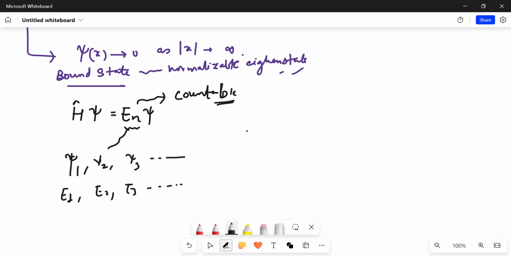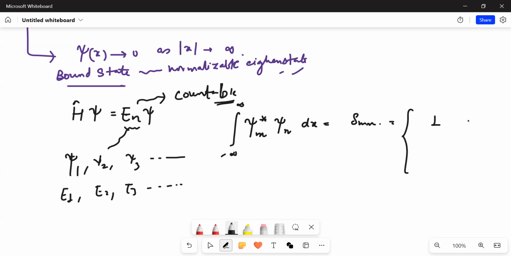In general, remember, two wave functions are said to be orthonormal if the integral of psi_m star psi_n dx is the Kronecker delta mn. It implies that if both of them are equal, then it is equal to 1, and if they are unequal, then it is equal to 0.